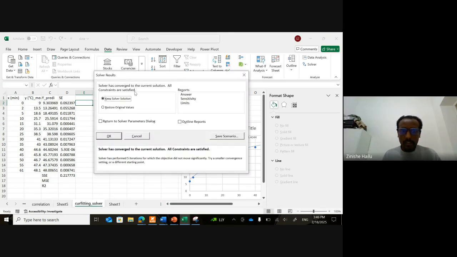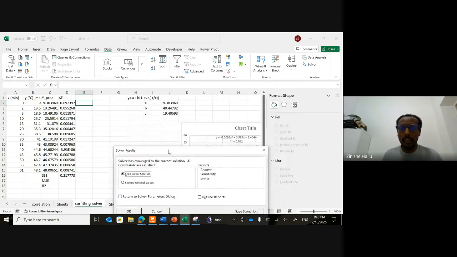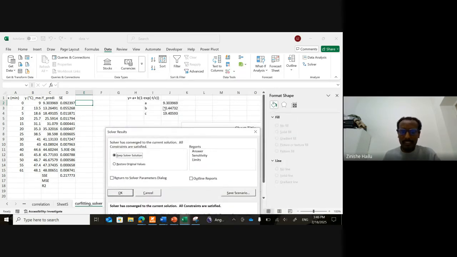Now, the solver says the constraints are satisfied. It did 5 iterations. After 5 iterations, it gets the optimized variables. Now it's changed, yeah. Our initial values were different from now.